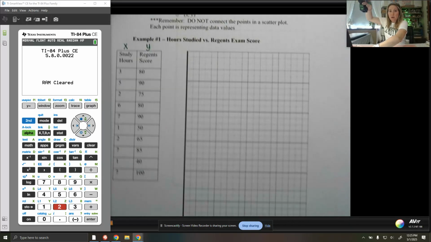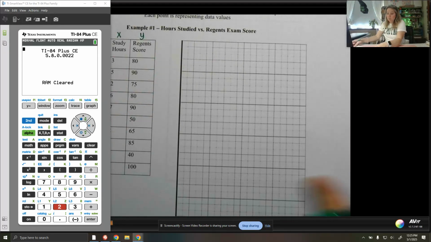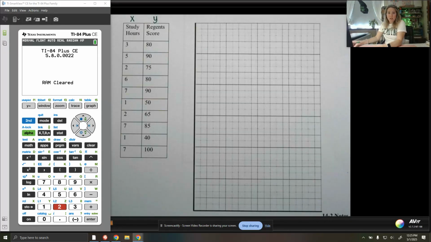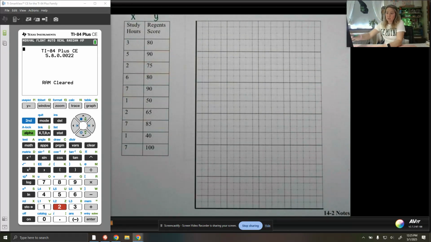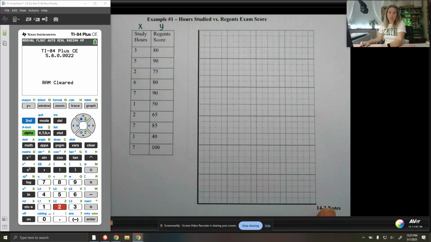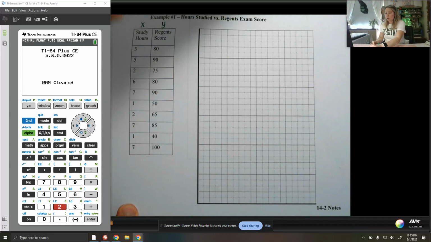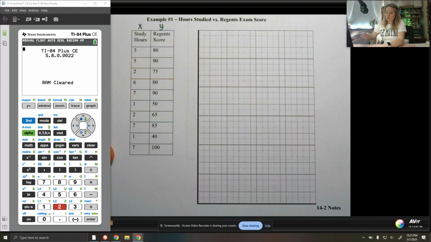So our X axis of our graph, we'll scale it based on what is the maximum that we need to fit on the X axis. And then we'll do the same for the Y, and we'll figure out a scale so that we can get from the minimum to the maximum fitting on our Y axis. Okay, so one axis at a time doing this.